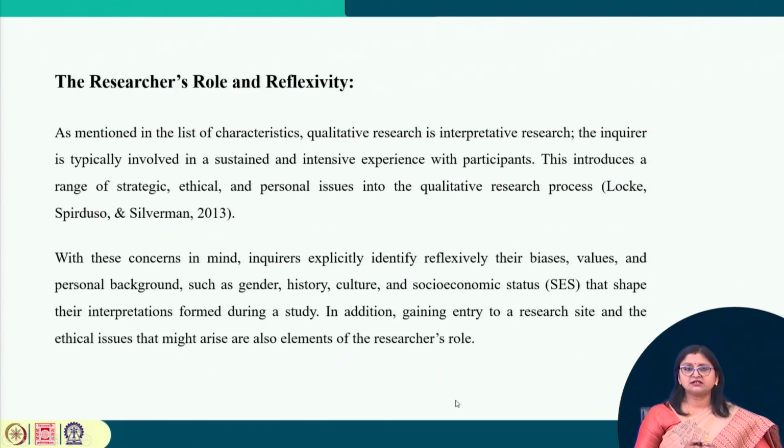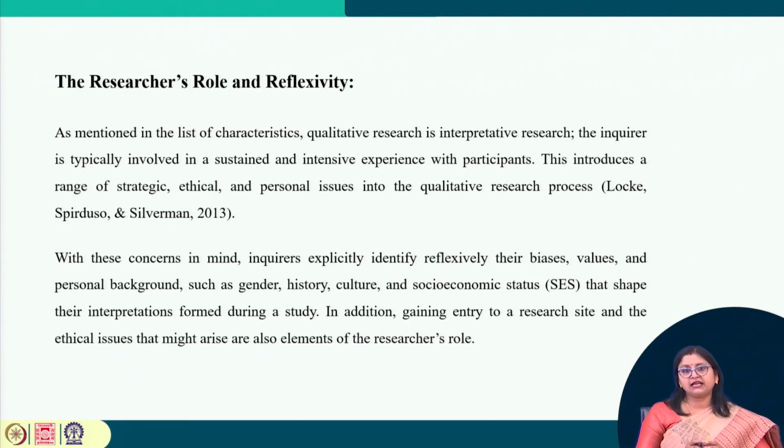With these concerns in mind, inquirers explicitly identify reflexively their biases, values and personal backgrounds such as gender, history, culture, socioeconomic status that shape their interpretations formed during the study.